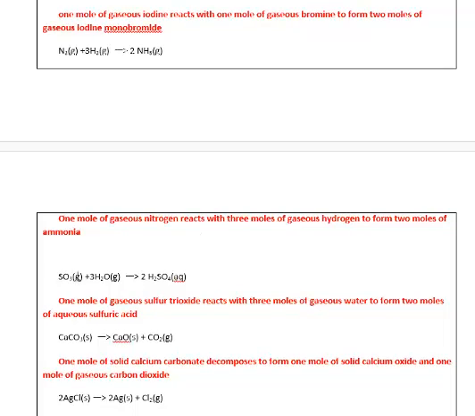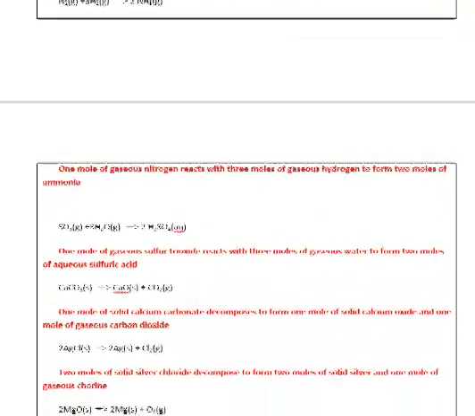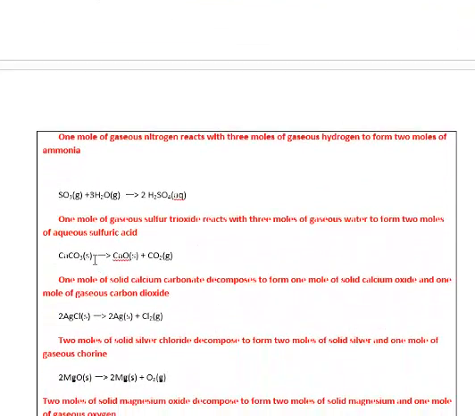1 mole of gaseous sulfur trioxide reacts with 3 moles of gaseous water to form 2 moles of aqueous sulfuric acid. 1 mole of solid calcium carbonate decomposes to form 1 mole of solid calcium oxide plus 1 mole of gaseous carbon dioxide. 2 moles of solid silver chloride decompose to form 2 moles of solid silver plus 1 mole of gaseous chlorine.